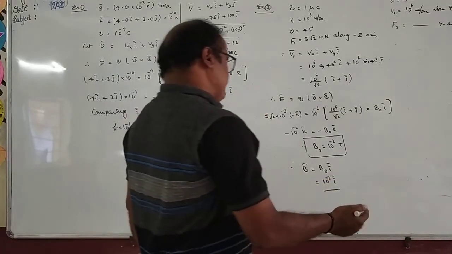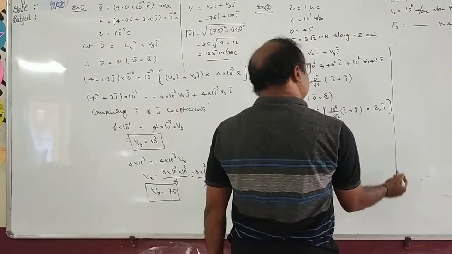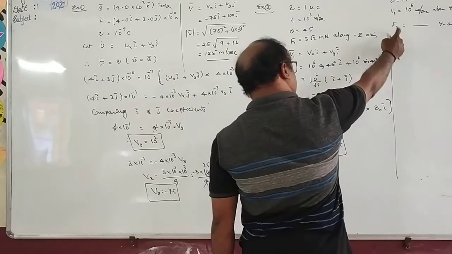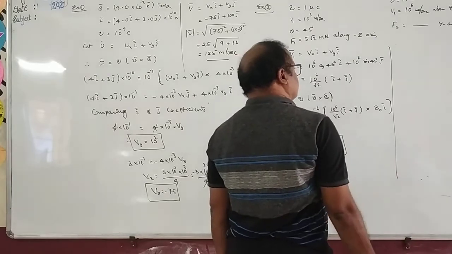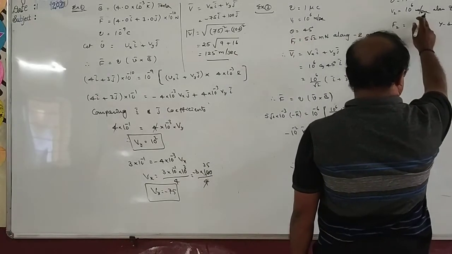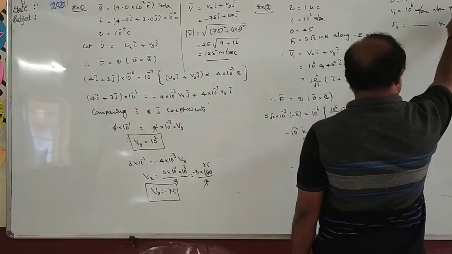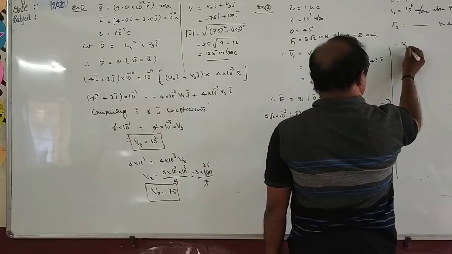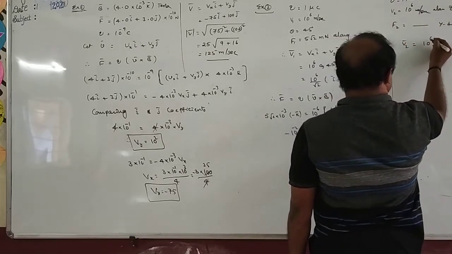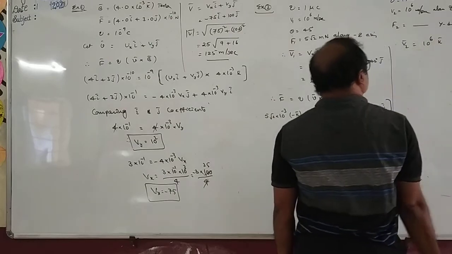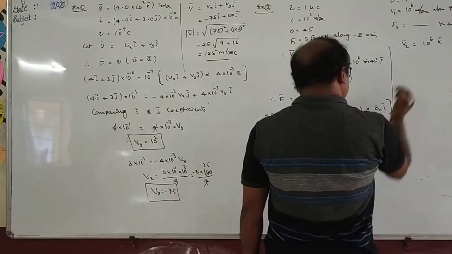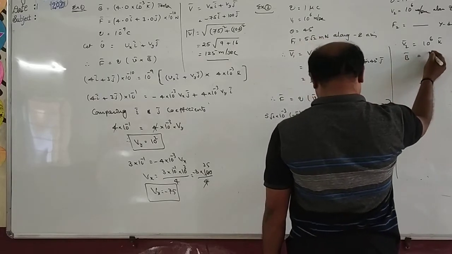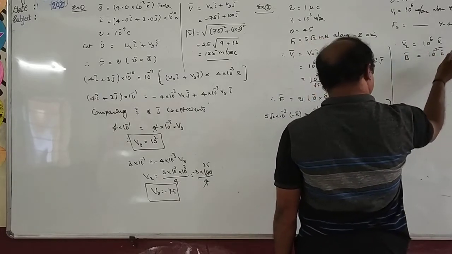But in the second case, find the force acting on the charged particle entering the magnetic field with a velocity 10 power 6 meter per second along the z-axis, which means V2 bar is equal to 10 power 6 into k bar. Q is equal to 10 power minus 6 coulombs. Already B bar is 10 power minus 2 into i bar.